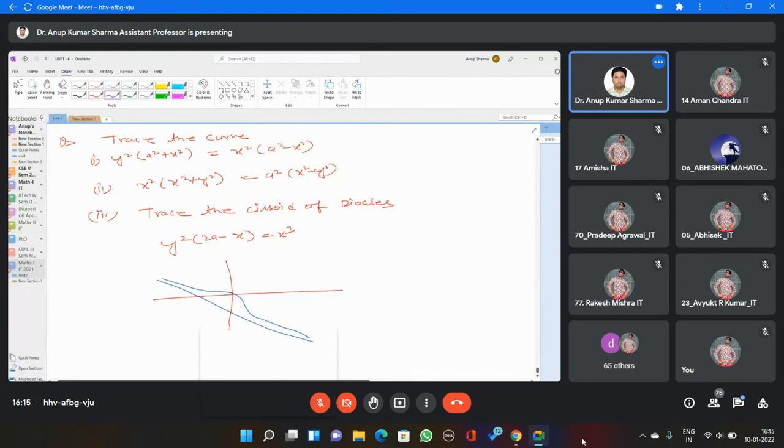Here, like this manner, one line passes through in this manner. So this is the curve of the third one.